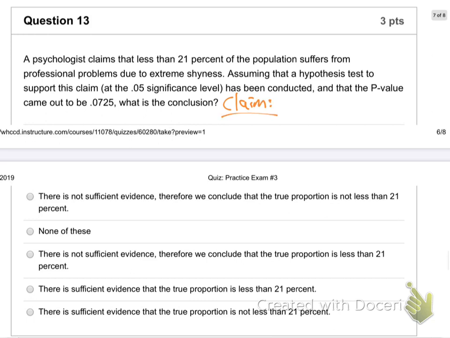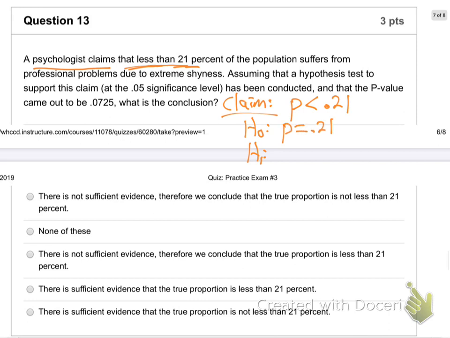So let's start with the claim. What's being claimed here? A psychologist claims that less than 21%. There we go, it's a percent, it's less than 0.21, isn't it? That's pretty clear. And then H0, H1, what's H0 going to be?